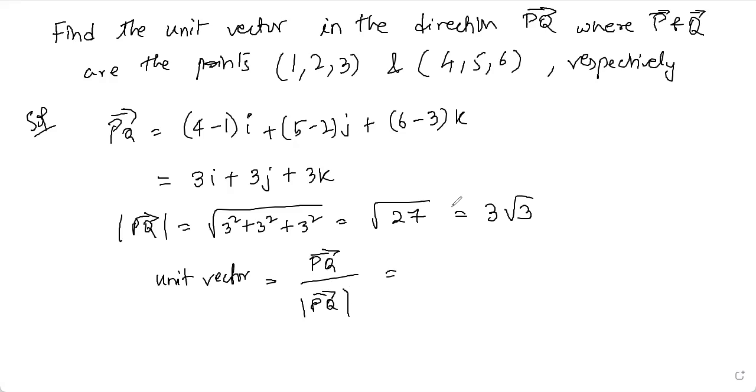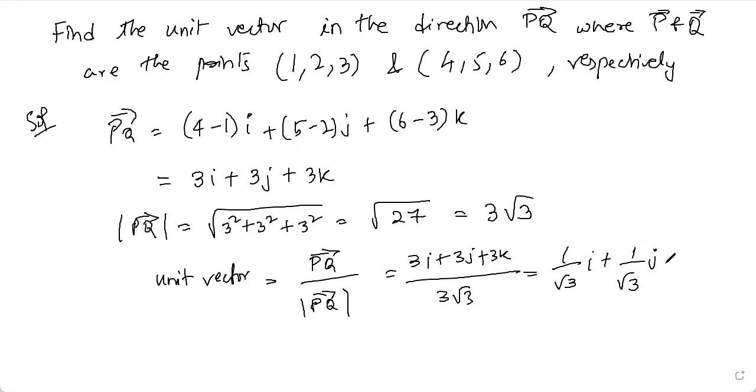So first we put 3i plus 3j and 3k over 3 root 3. You can cancel out the common terms there. So you will get 1 by root 3 i plus 1 by root 3 j and 1 by root 3 k, right? So this will be the unit vector.